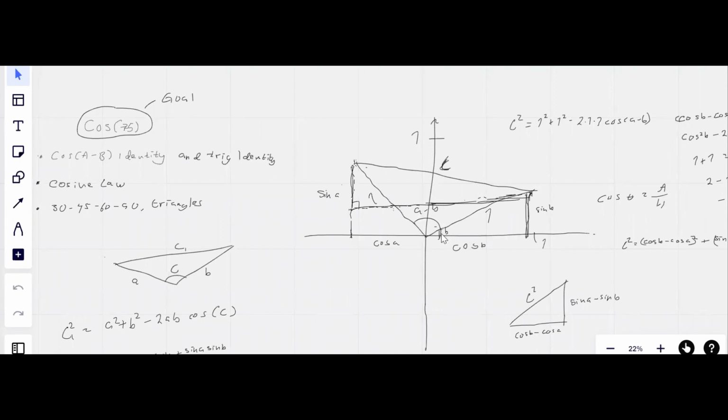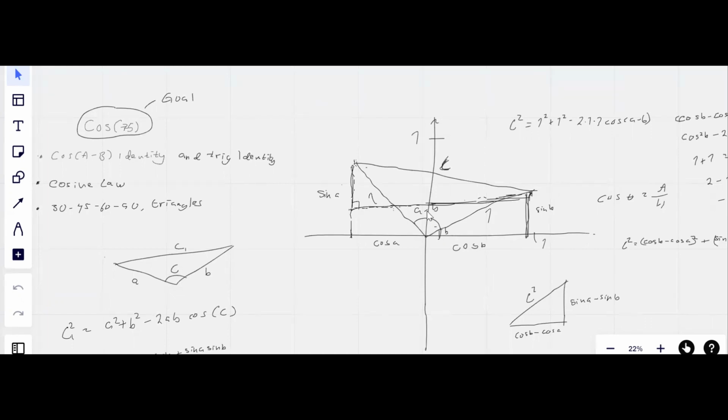There is an angle that starts from the x-axis horizontal all the way to here, and the angle is A. And there's another line that moves with a certain angle from the horizontal, and its angle is B. That means that the angle between them must be A minus B.